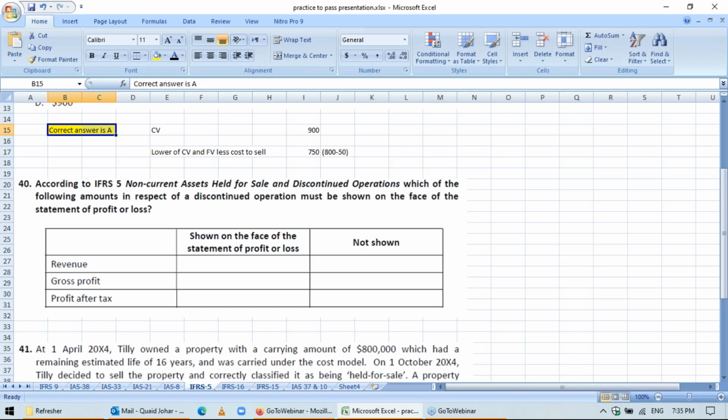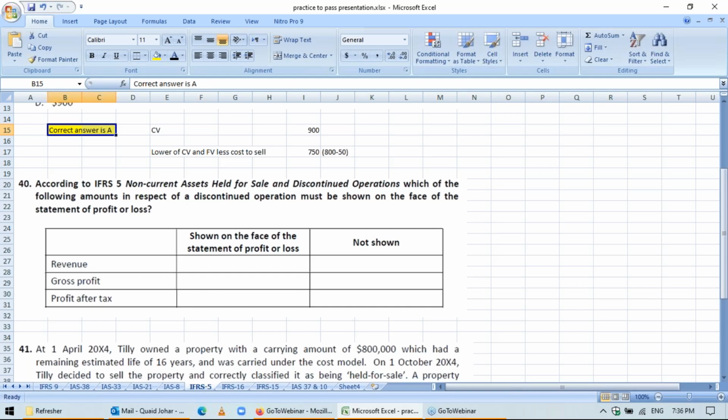And on the face of the income statement, you will show the profit from the continuing operations and the profit from the discontinuing operations separately. So on the face of the income statement, you will show the revenues, expenses, and all necessary details of the continuing operations only, right?